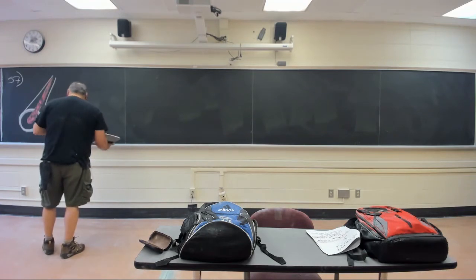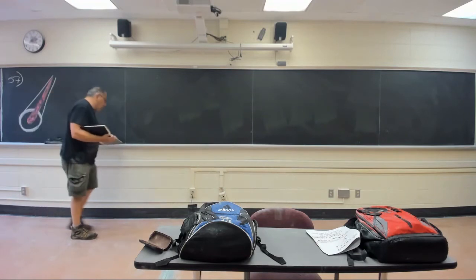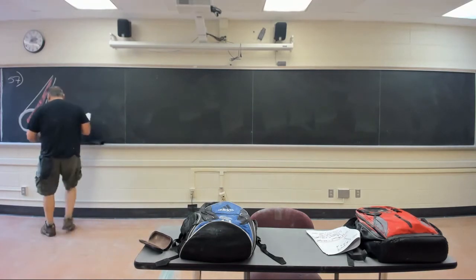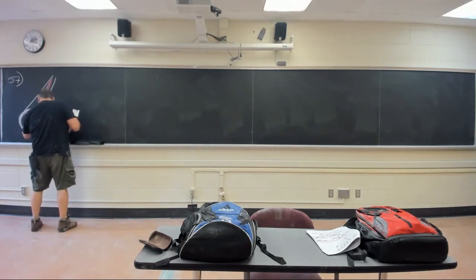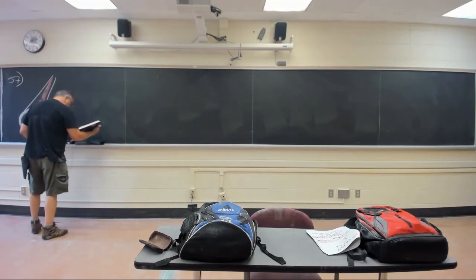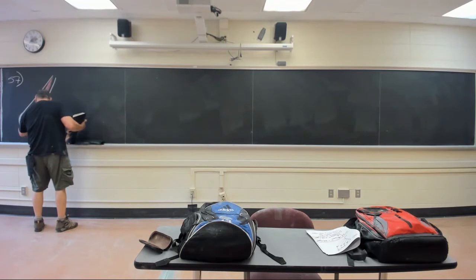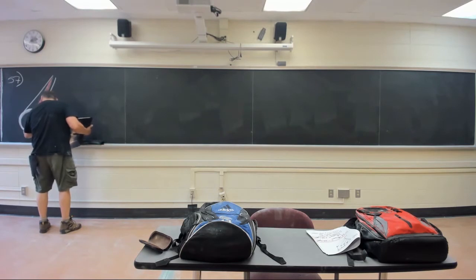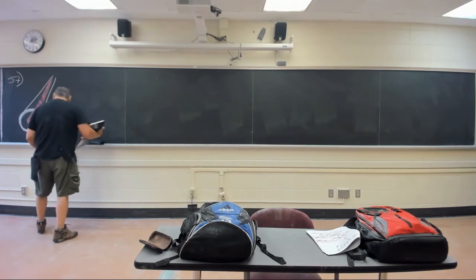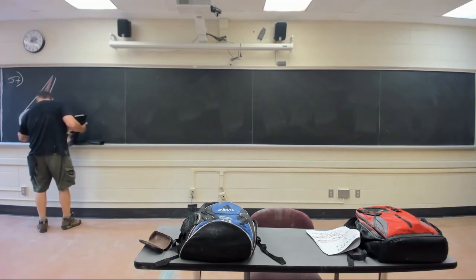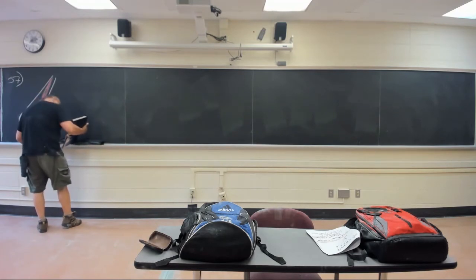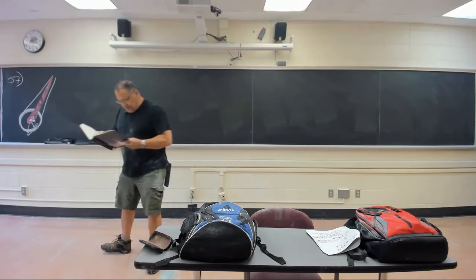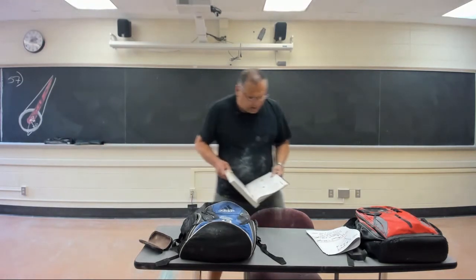That's a radius of A. To the inner, right here, that's a radius of B. And to the outer here, that's a radius of C. There's a whole multitude of stuff we can do here, but on this particular problem they're not really going there, so we're not going to really go there either.